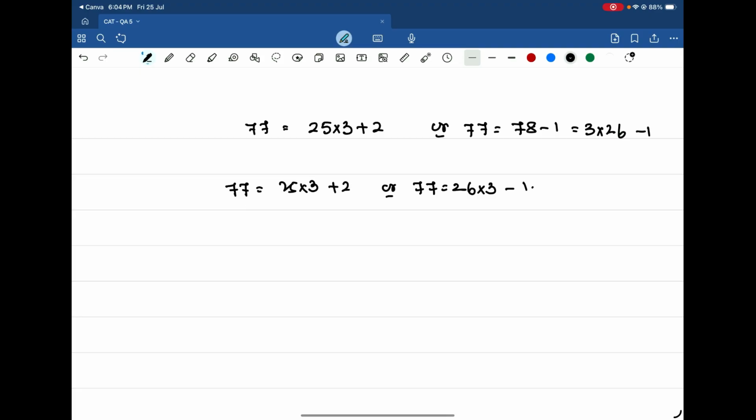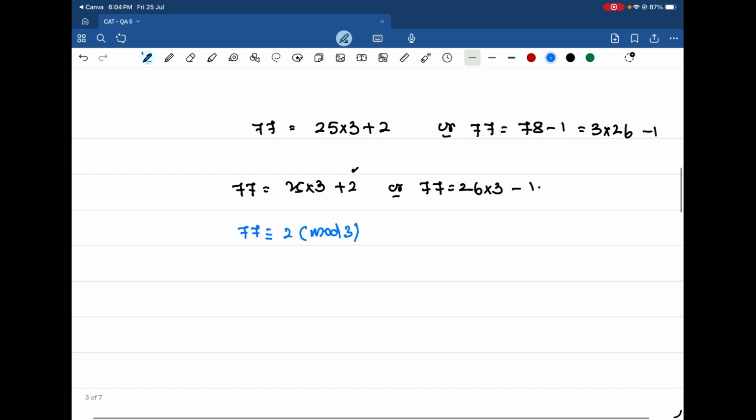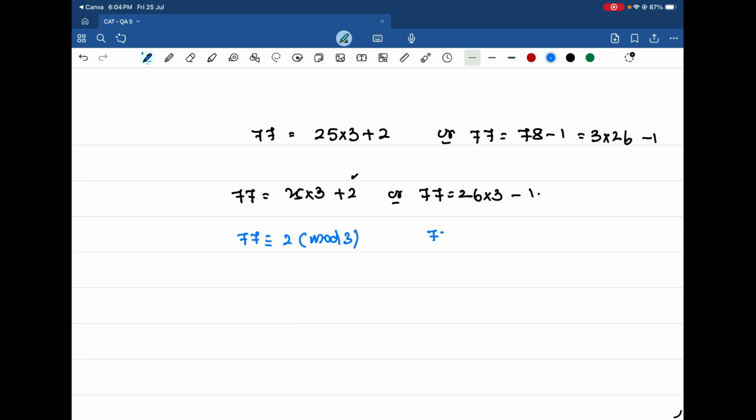This can be written as 77 equivalent to 2 mod 3. That means when 77 is divided by 3, there is a remainder of 2. This can also be written as 77 equivalent to minus 1 mod 3.